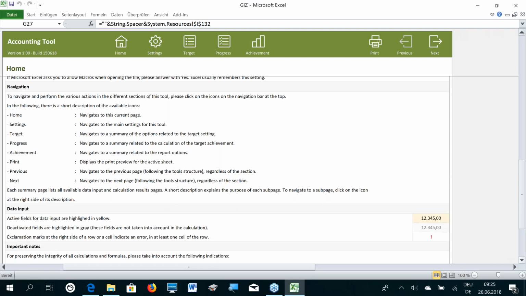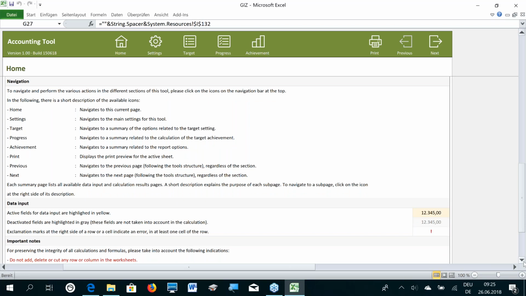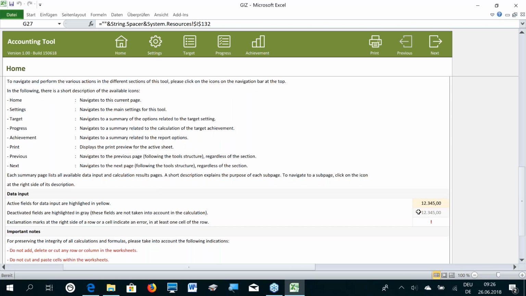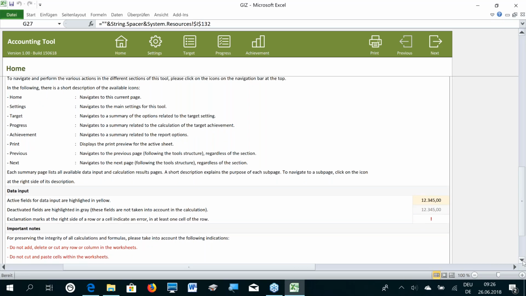So the yellow ones can be filled with data, the gray ones are blocked cells that either show results or some automatic controls.